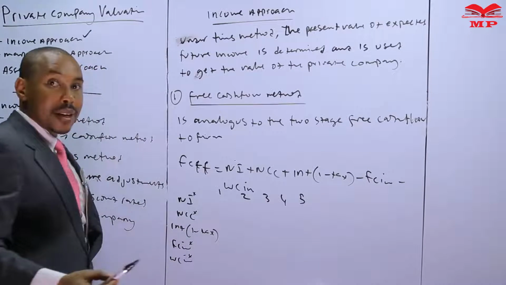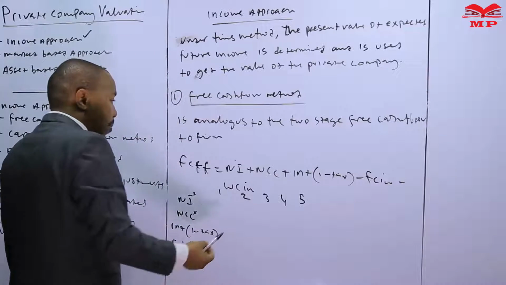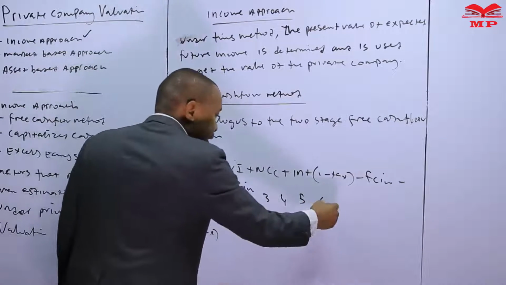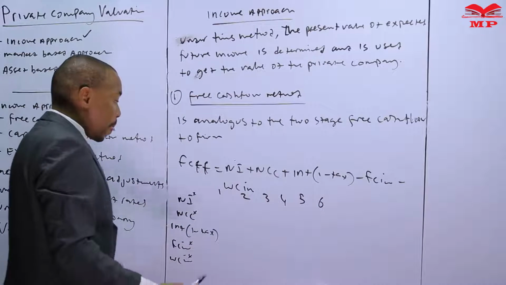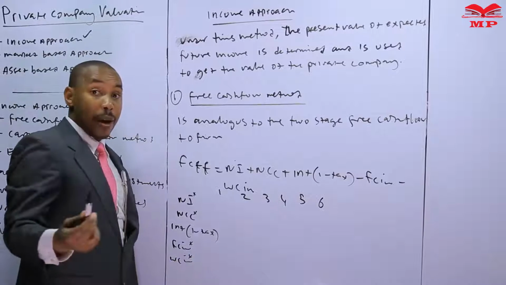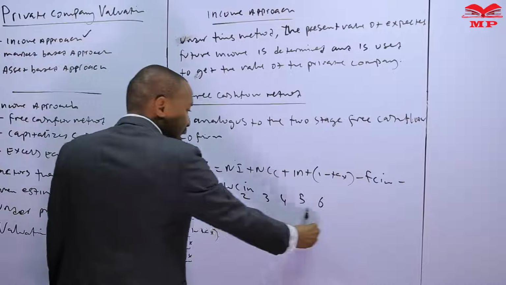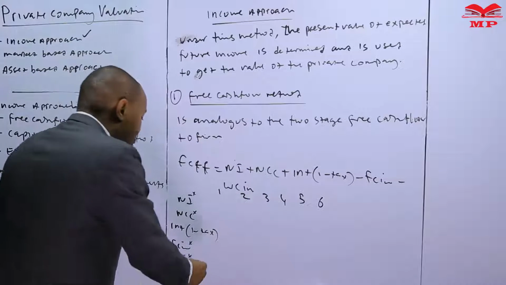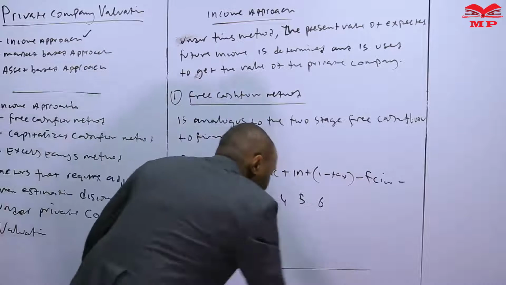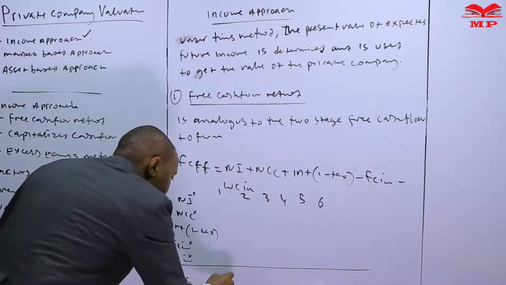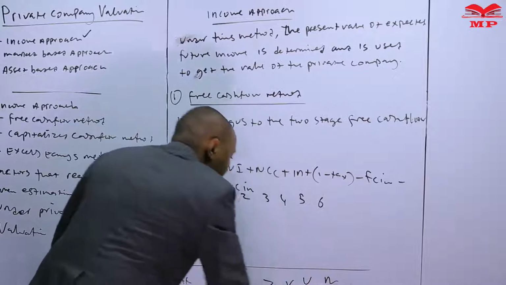For years 1 to 5, say, these components grow at a stable rate of about 5%, and then from year 6 they decline to a lower rate of, say, 2.5%. We effect those changes and get the corresponding FCFFs for each year.